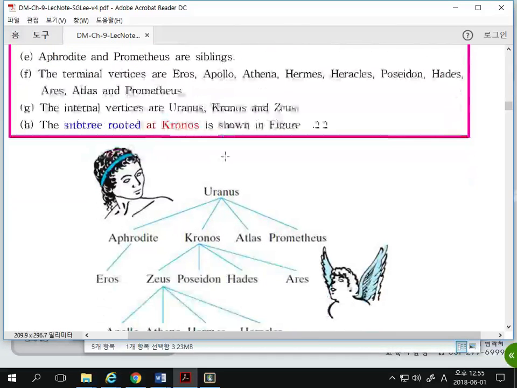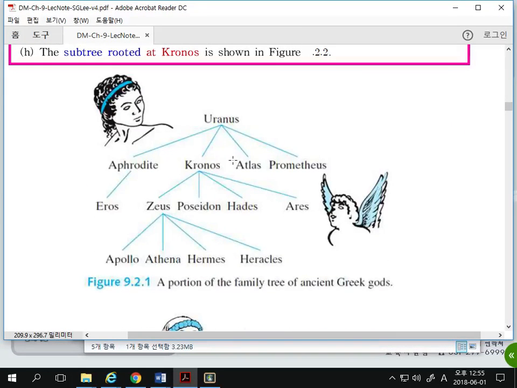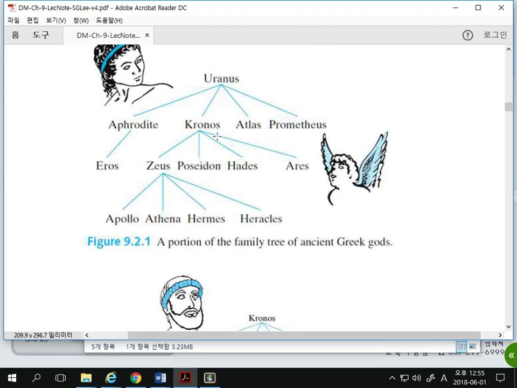Family trees can be a good example of those. In Greek history, Uranus has 4 children, and Aphrodite has 1 child, and Zeus has 4 children, like this.